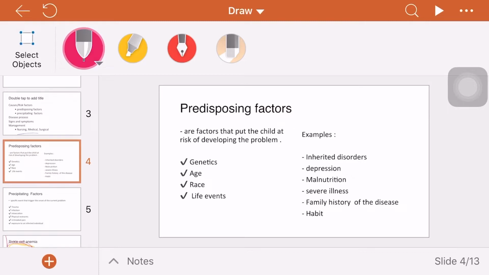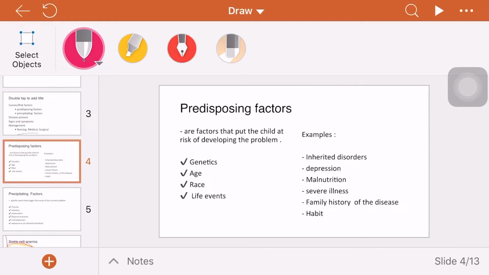So, in short, kani mga predisposing factors, taas kayo imong chance of getting the problem once you have these predisposing factors. But the signs and symptoms may not show right away.